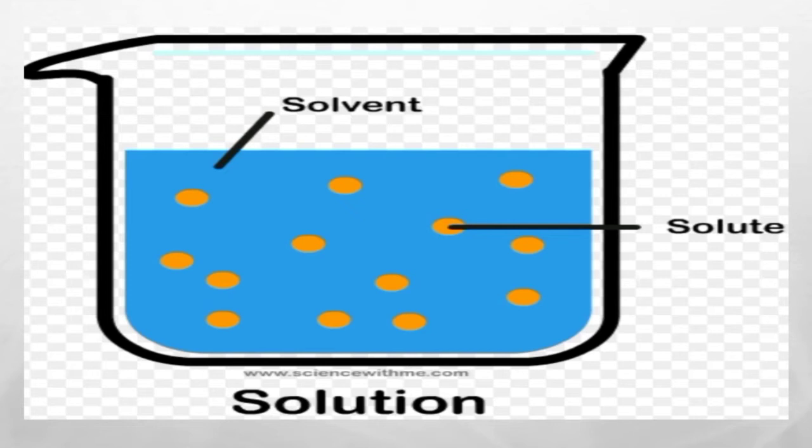And a solute and solvent together form a solution, and that is why a solution is formed when solute and solvent mix together. If we add salt to water, the water turns salty as we have added salt to water.